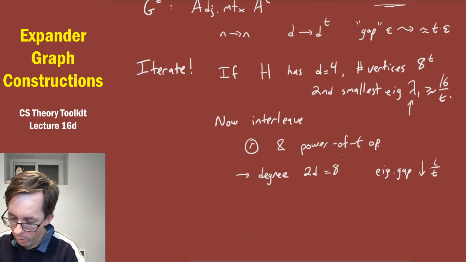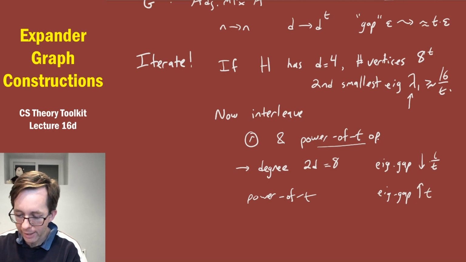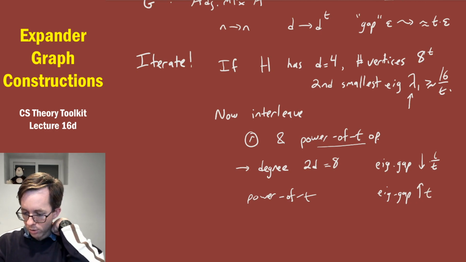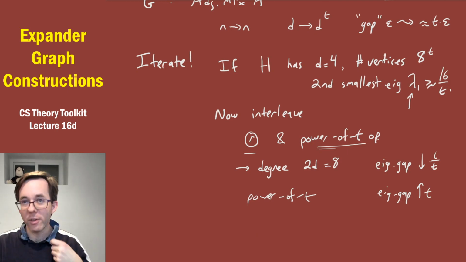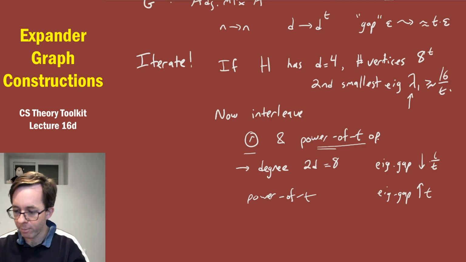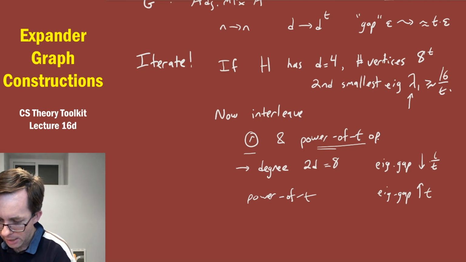But then when we power to t, the eigenvalue gap basically goes back up by t. So basically the eigenvalue gap stays constant when you do these two operations. And the number of vertices is getting larger and larger by a factor of 8 to the t at each step.